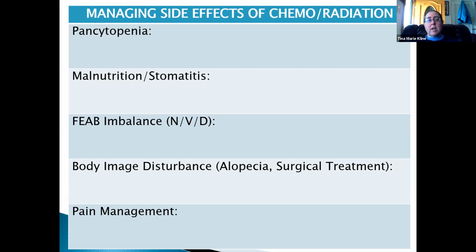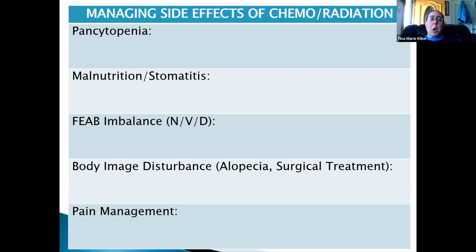For the malnutrition and the stomatitis, I put that together because they really do go hand in hand. Now, the malnutrition can also be related to nausea, vomiting, diarrhea, but most of the time it is because the patient's oral cavity is just so inflamed. They develop mouth sores that are so painful.